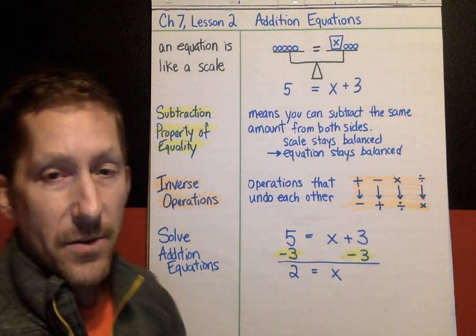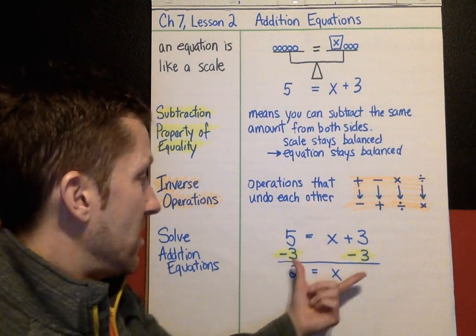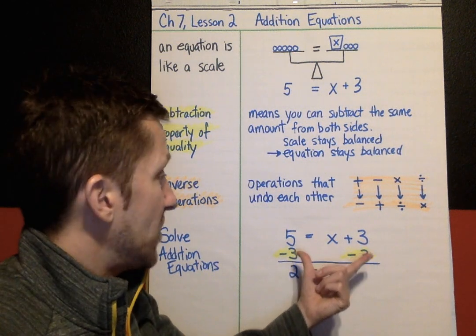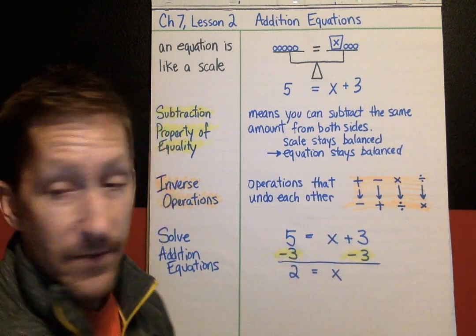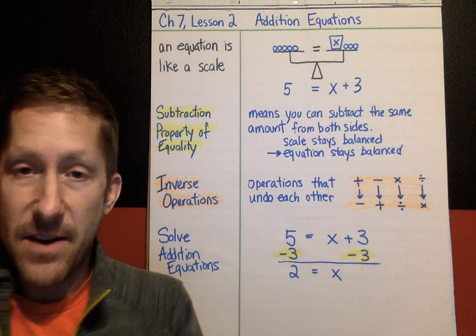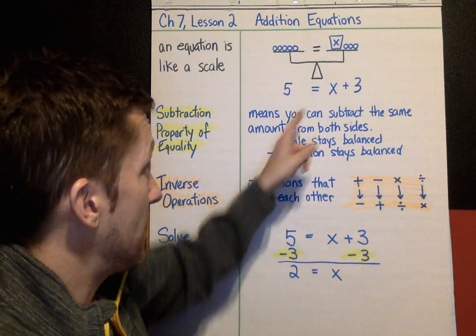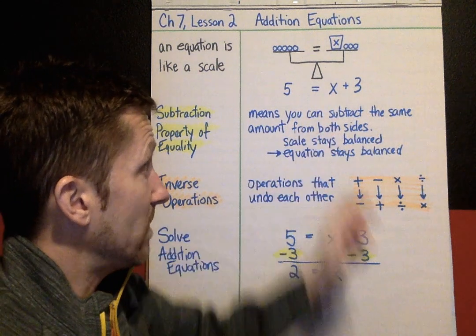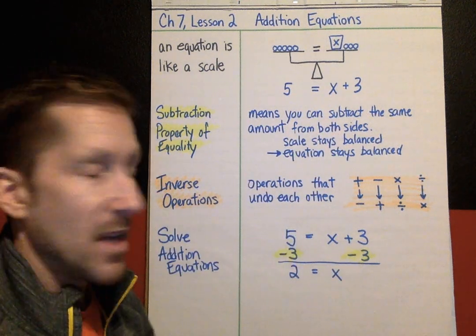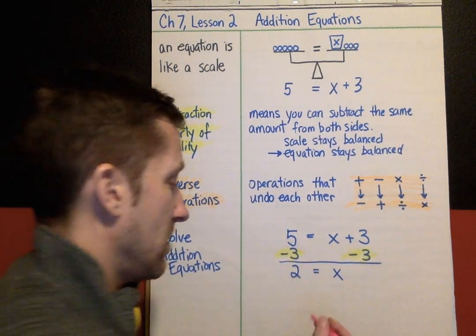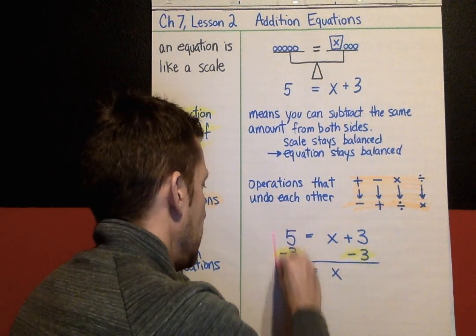So this is how you're going to be showing your work today, using the subtraction property of equality. Even though I know that for a lot of the problems today, a lot of you are going to be able to look at that and quickly go, oh, the answer is 2, I want to see this part. Follow the process.